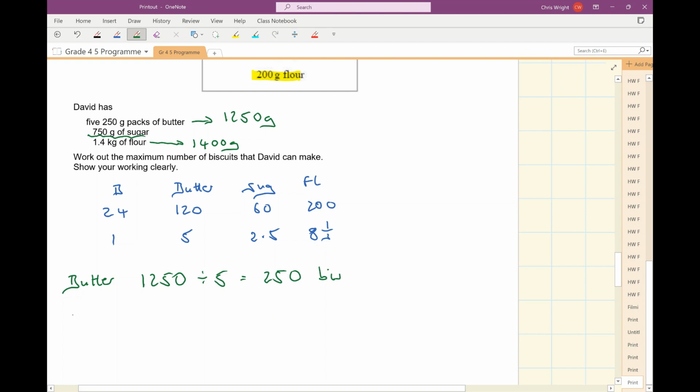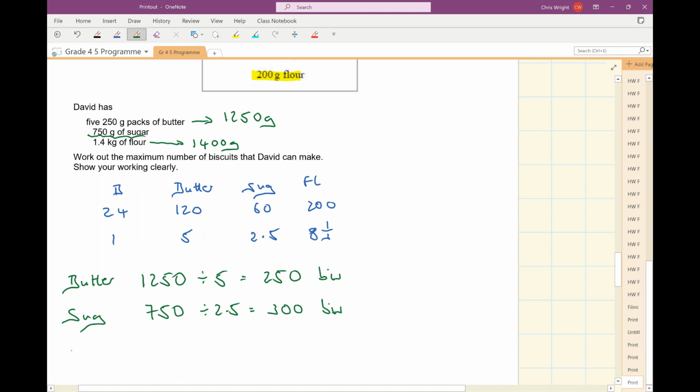Okay, now what about sugar? Well, he's got 750 grams of sugar. And if I divide that by 2.5, because one biscuit needs 2.5 grams, so 750 divided by 2.5, he's got enough sugar to make 300 biscuits.